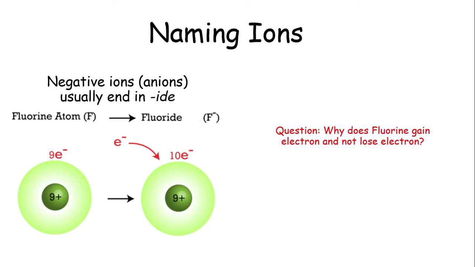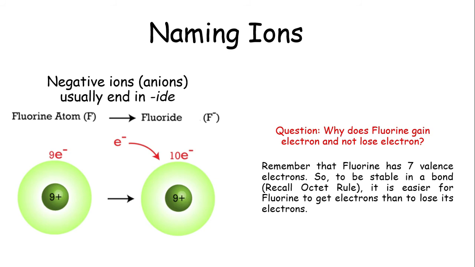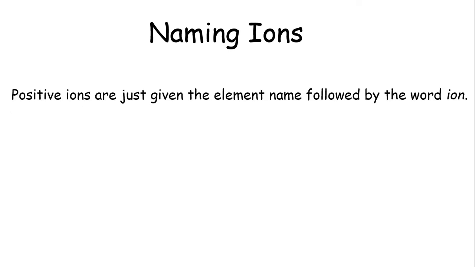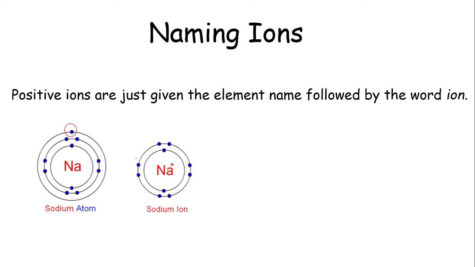Question: why does fluorine gain an electron and not lose an electron? Okay, so remember that fluorine has 7 valence electrons. So to be stable in a bond, it is easier for fluorine to get electrons than to lose its electrons. Positive ions are just given the element name followed by the word ion. The same as the example a while ago.